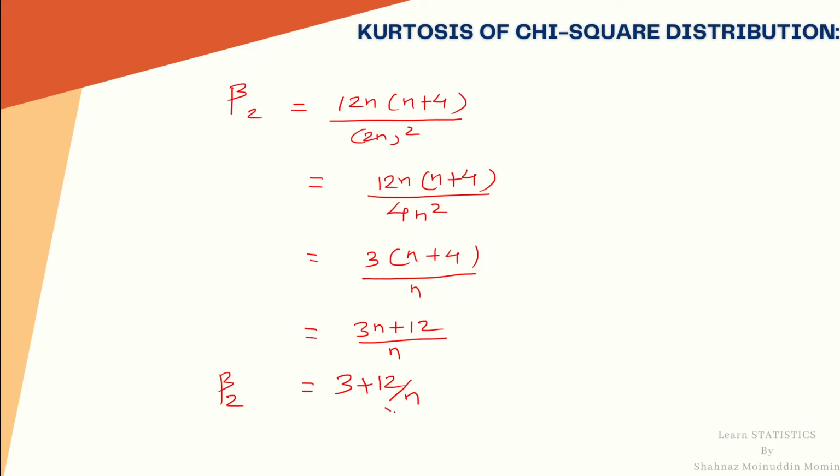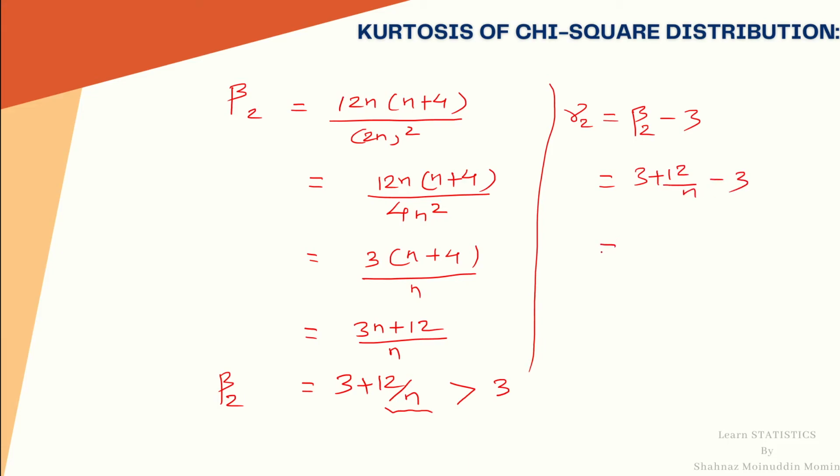From this, we know that 12 by n is a positive number. So, beta 2 must be greater than 3. And gamma 2 is equal to beta 2 minus 3. So, it is 3 plus 12 upon n minus 3, which is 12 by n.